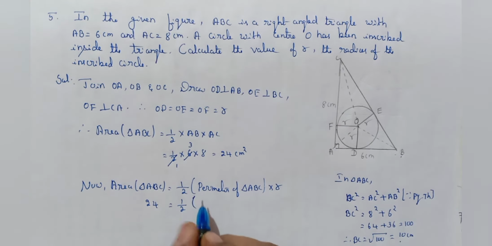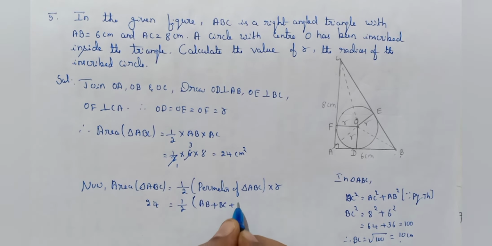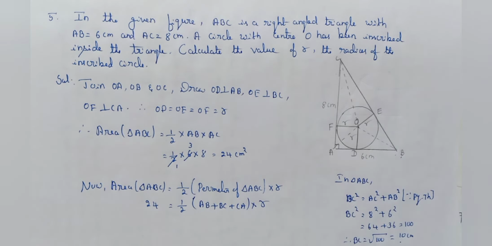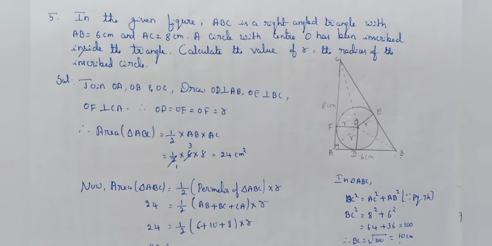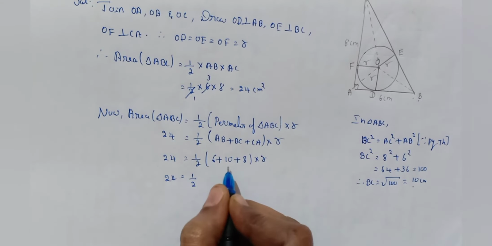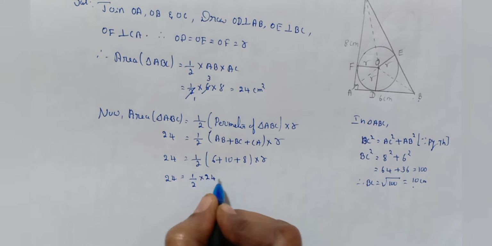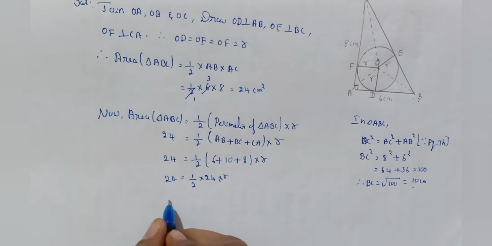So the area of the triangle ABC is half into perimeter, that is AB plus BC plus CA, into R. R is the radius of the inscribed circle. 24 is equal to half into AB is 6 centimeter, BC now you got 10 centimeter and CA is 8, into R. So 24 is equal to half into 6 plus 10 plus 8 is 24, into R. Next take the cross multiplication.